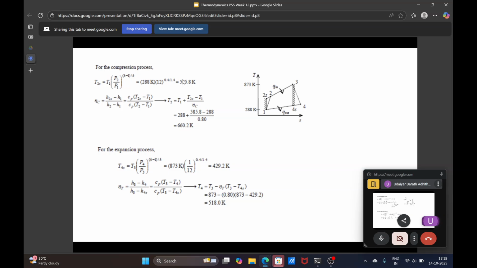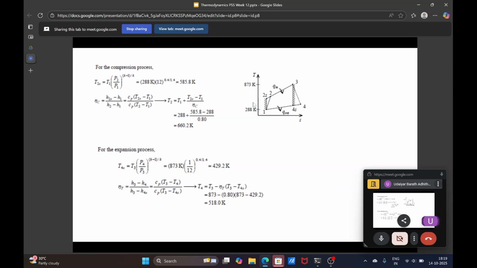T1 is known, the inlet to the compressor, so that is 288 Kelvin, which is 15 degrees Celsius, multiplied by 12, which is the pressure ratio, raised to power 0.4 by 1.4, where gamma for air is 1.4. That gives you the outlet temperature for a reversible adiabatic compression to be 585.8 Kelvin.